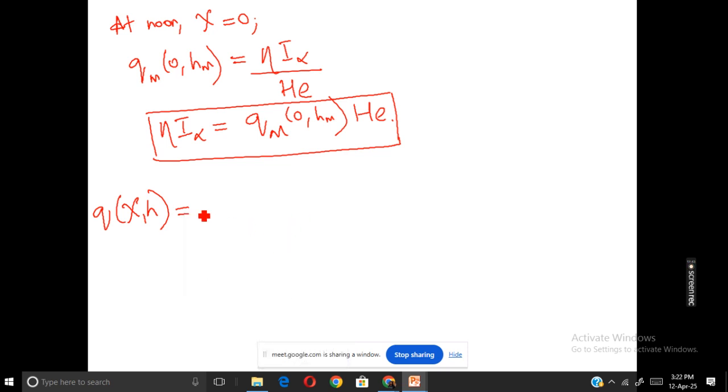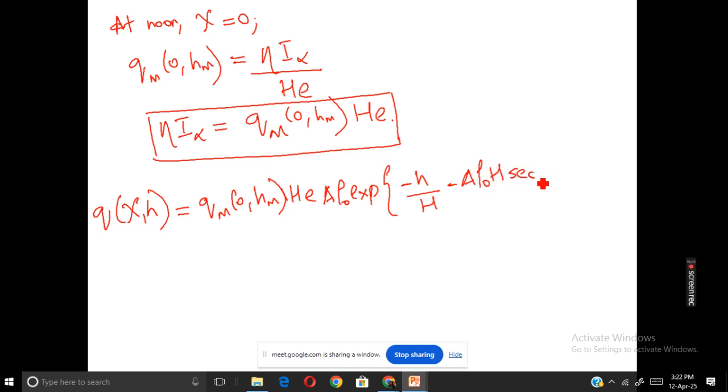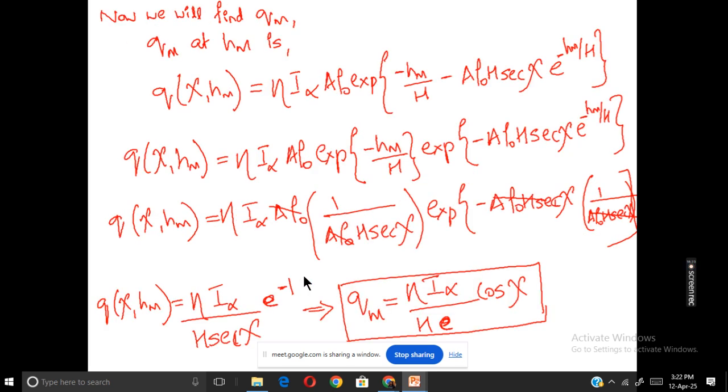we will substitute eta infinity as Qm0 hm into he into a rho 0, exponential minus h by H minus a rho 0 H sec chi into e raised to minus h by H. Now again we know e raised to hm by H is equal to a rho 0 into H. Earlier we found this relation.